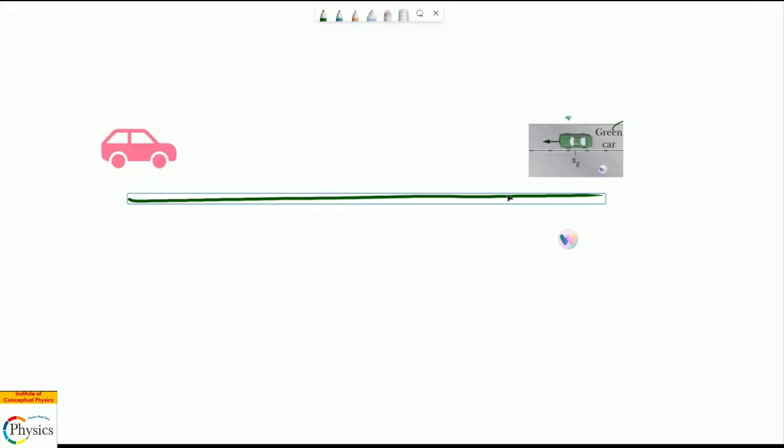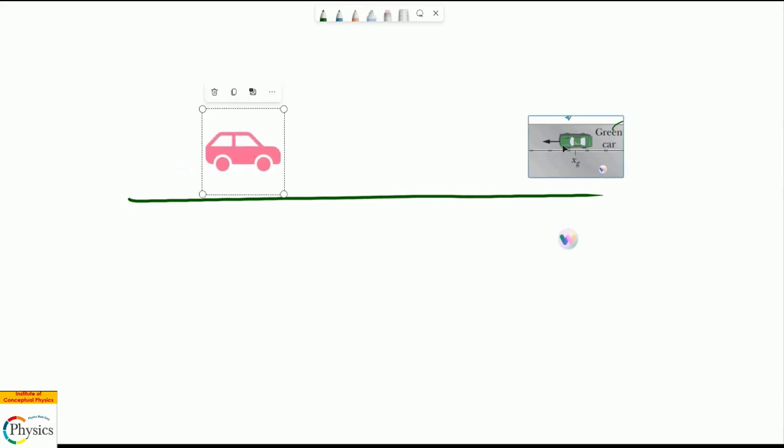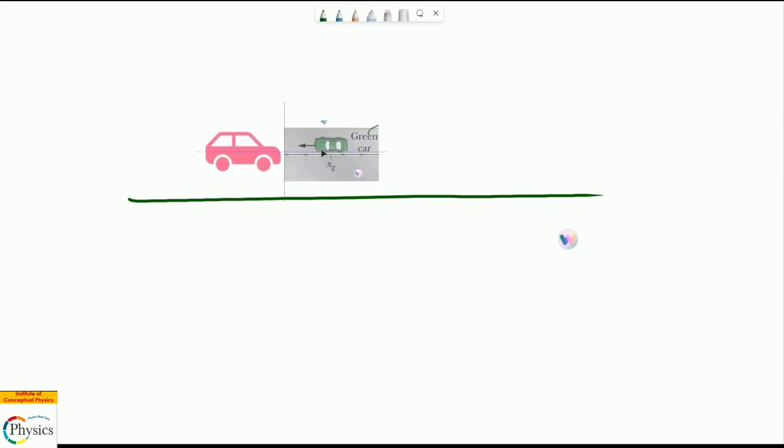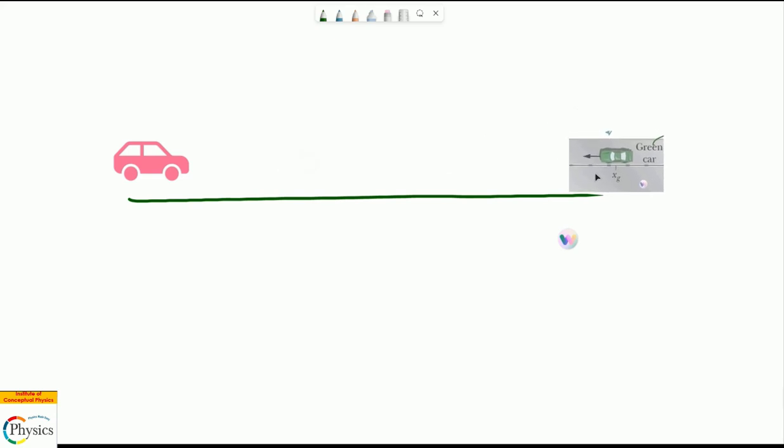The two cars are separated by 220 meters. In situation A, this car is able to reach here around 40 plus meters, and then this car already covers more distance. It is mentioned that the green car is accelerating and the red car is at uniform velocity. In situation two, let's get back to the initial position of 220 meters.